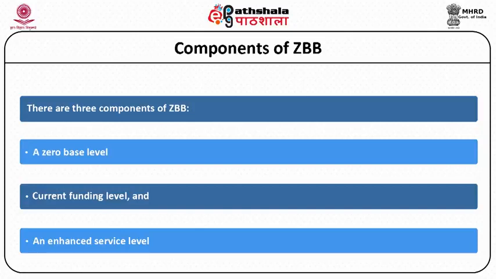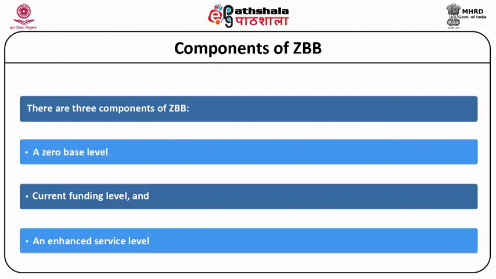First of all, it's the definition which makes a distinction. In traditional budgeting, the index of quantitative data of the long past is taken as the base. While in case of zero-based budgeting, it considers the quantitative data of the budget cycle at zero level.